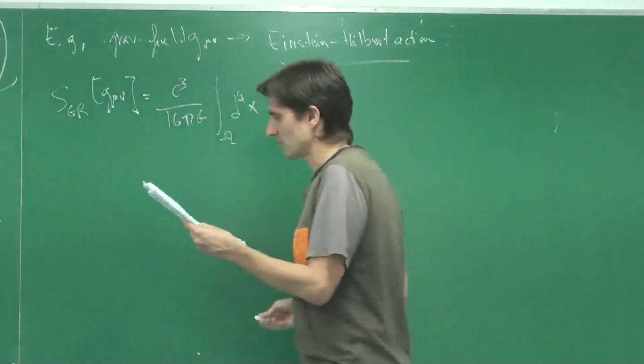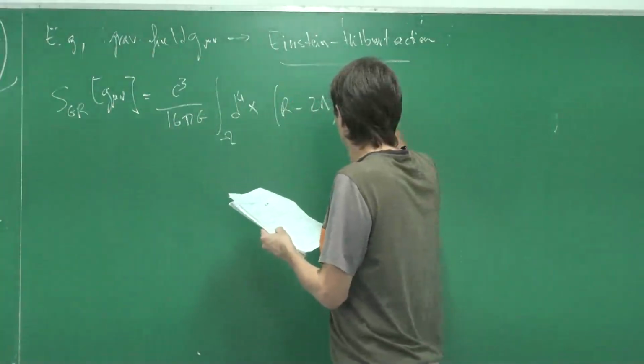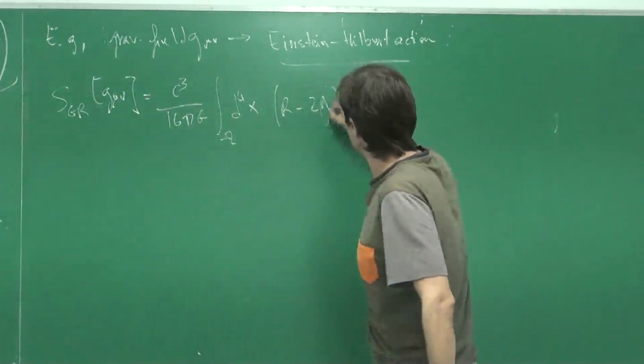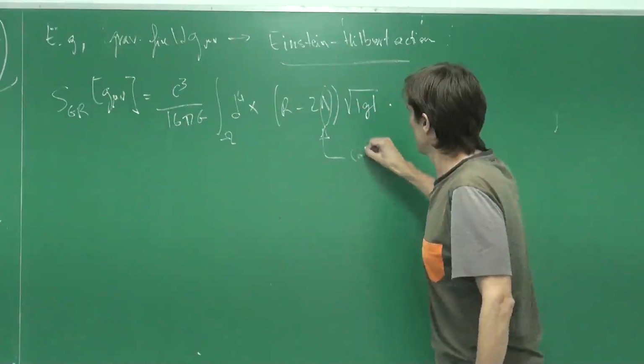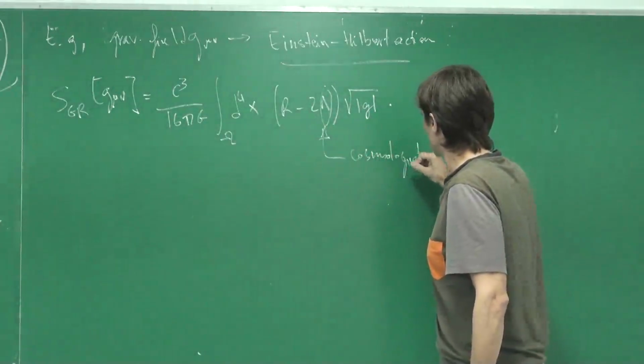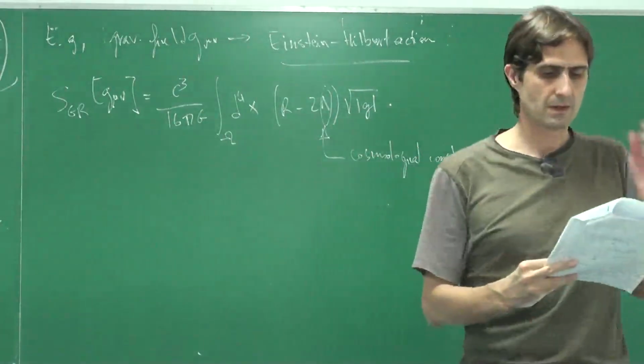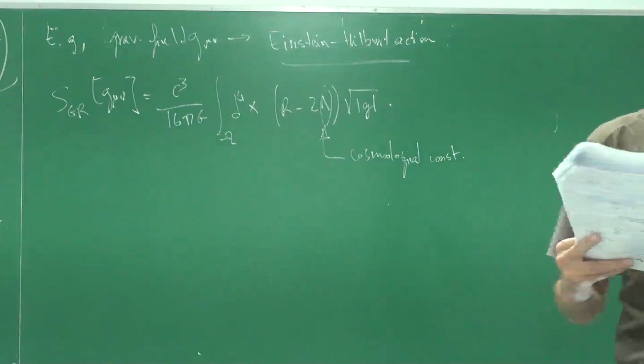I'm doing this just in 4 dimensions, it doesn't really matter. Lambda here is the cosmological constant, which is very small but not here.